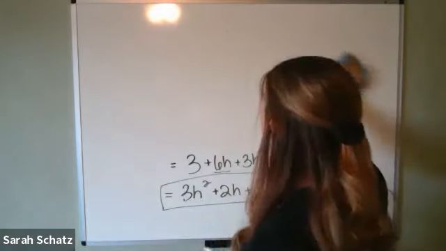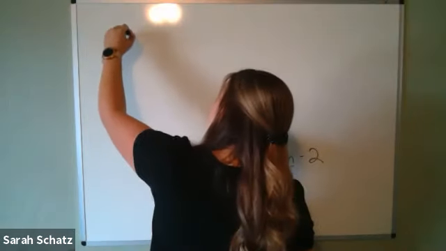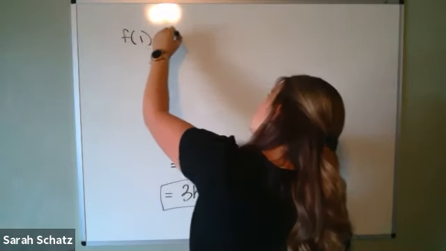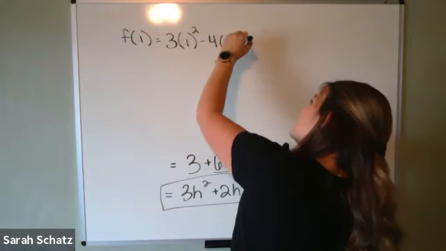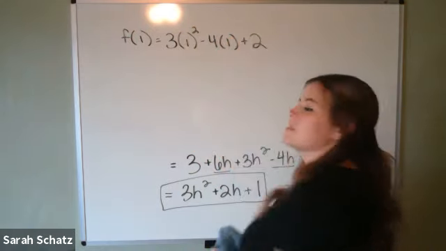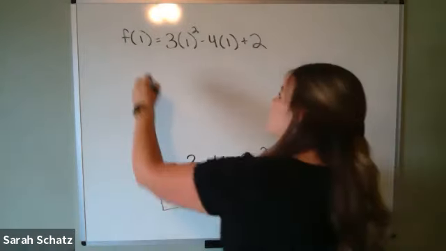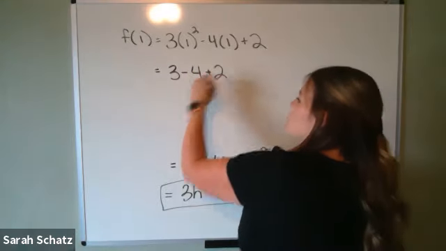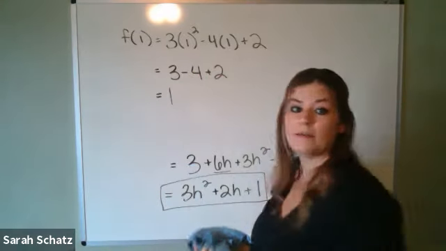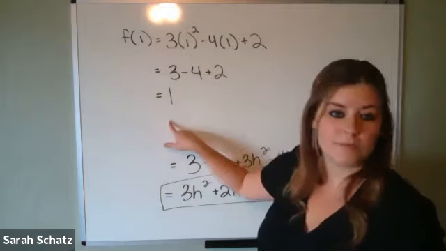So I found f of 1 plus h. Let's now find f of 1. So it's going to be 3 times 1 squared minus 4 times 1 plus 2. So I get 3 minus 4 plus 2, and what we end up with there is just a 1. So f of 1 equals 1.